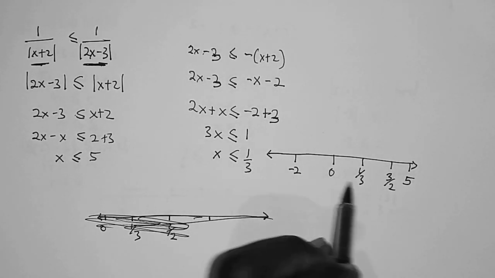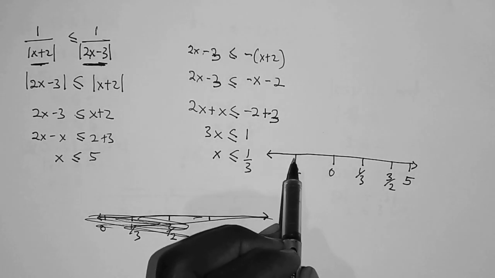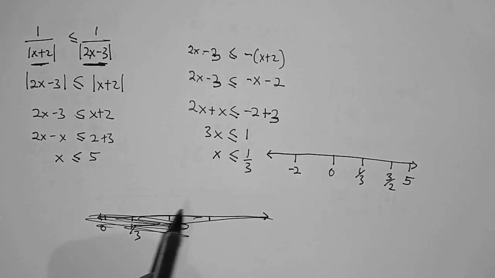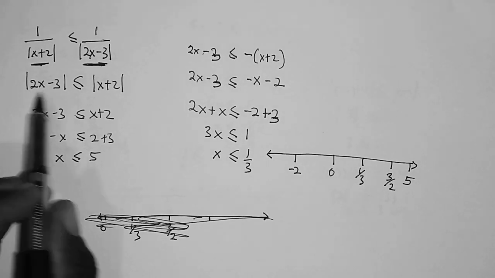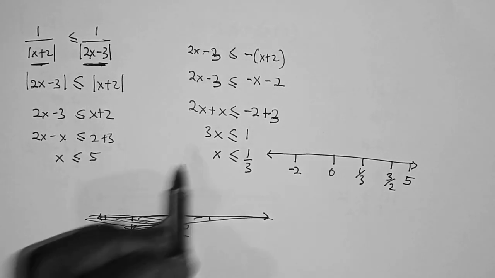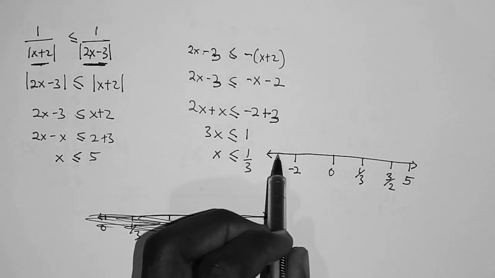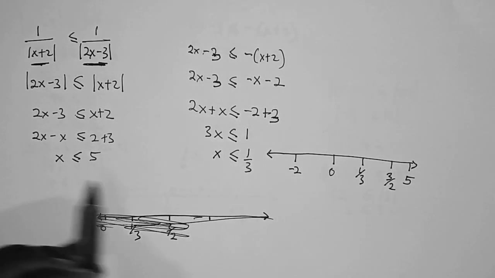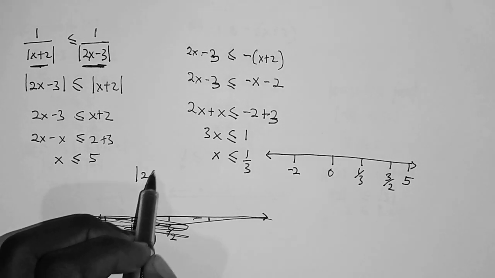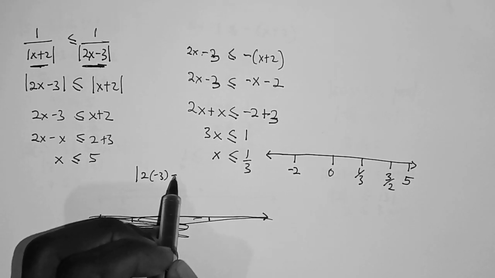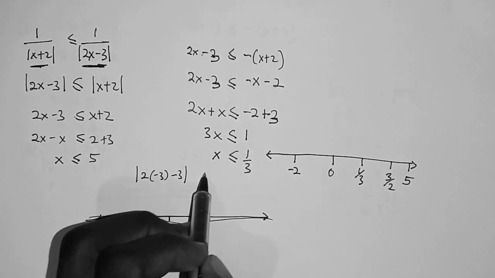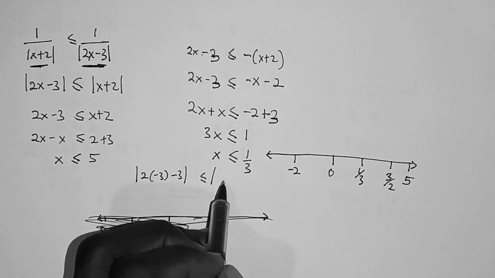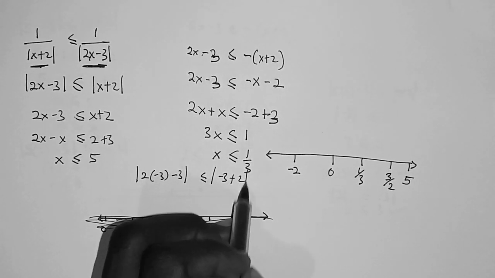Now let's test the values and see. Let's take values less than minus 2, like minus 3. If you put minus 3 here, you get absolute value of 2 times minus 3 minus 3, less than or equal to absolute value of minus 3 plus 2.